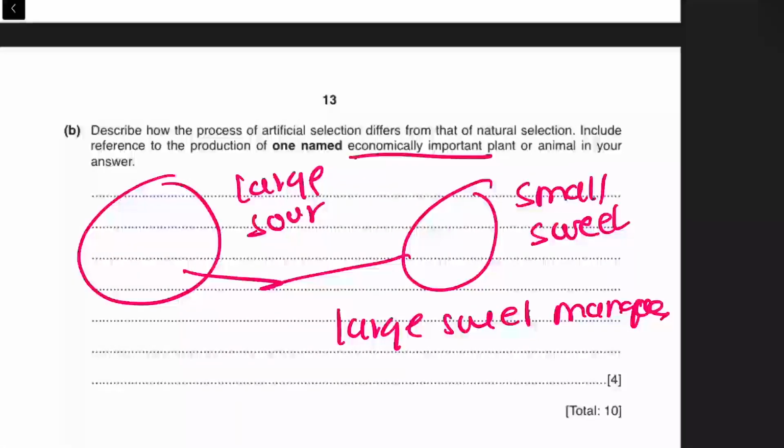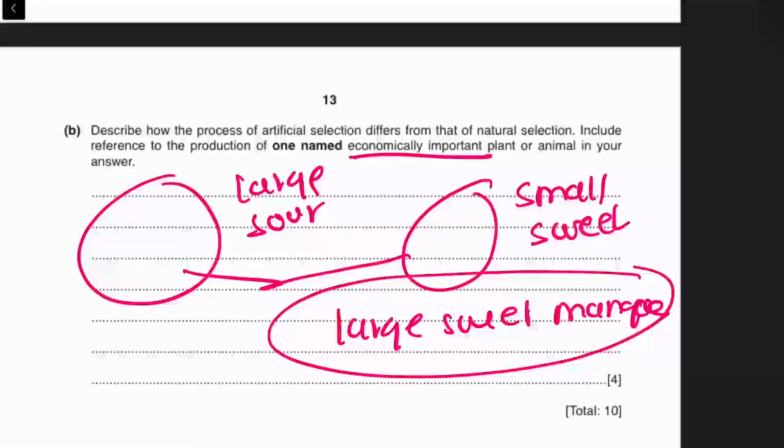Because as a farmer, if you're having a mango farm and I'm a customer, will I like to buy small and sour mangoes or small and sweet mangoes, or will I like to buy the large and sweet mangoes? I will love to buy large and sweet mangoes, but these trees are very few.